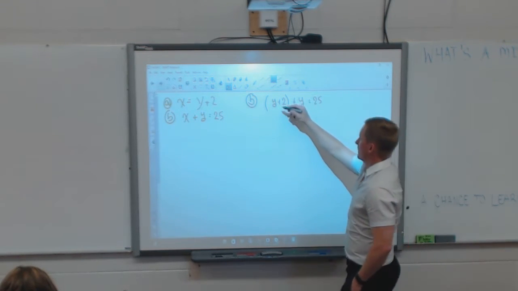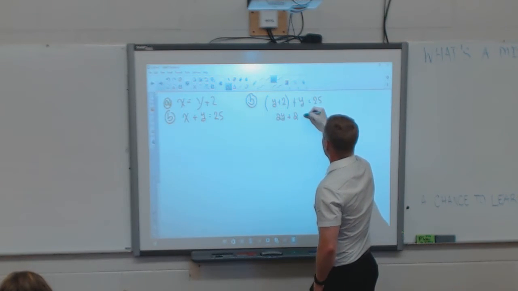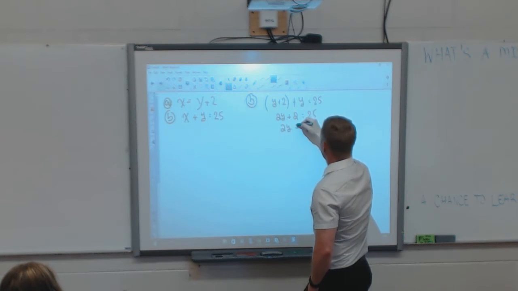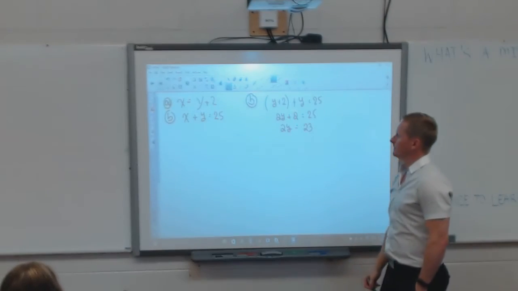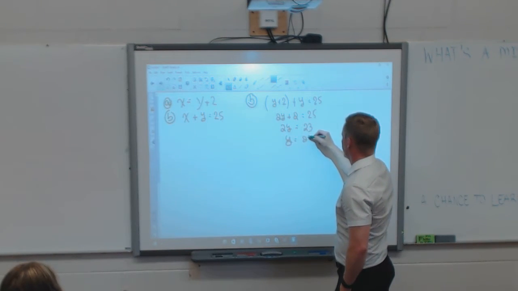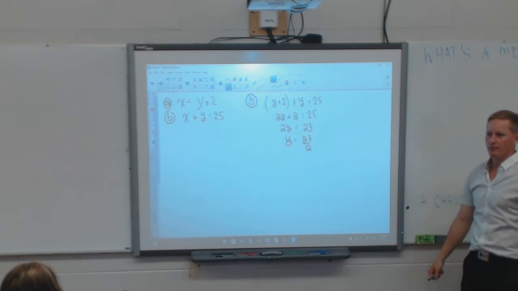So now, get rid of your brackets. That's going to give me 2y, add 2 equals 25. 2y equals 23. Y is equal to, can't make it that easy, 23 over 2. Yucky.